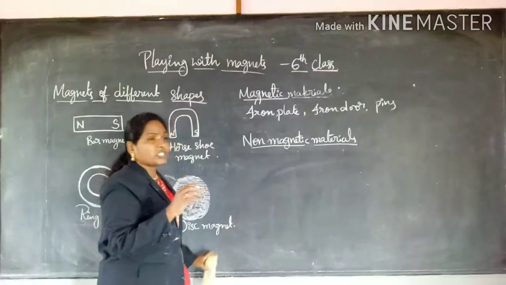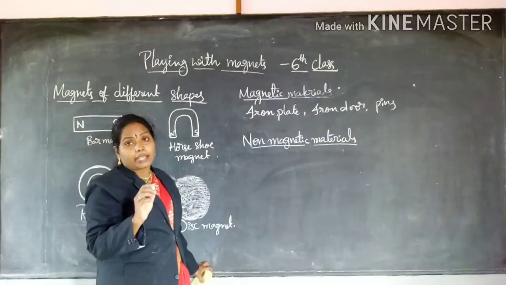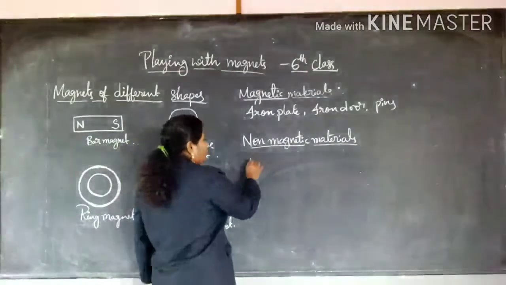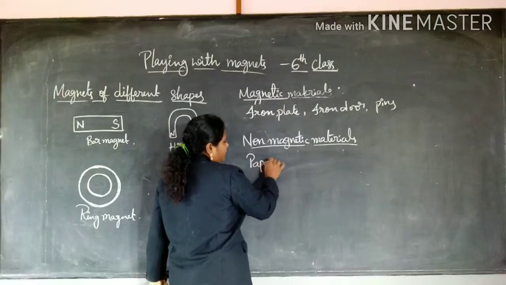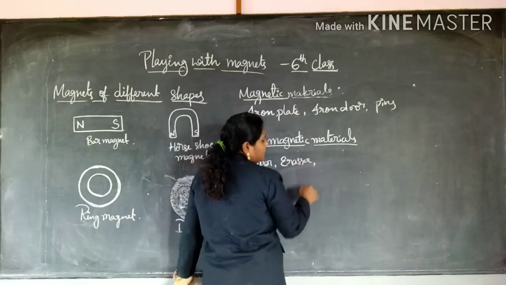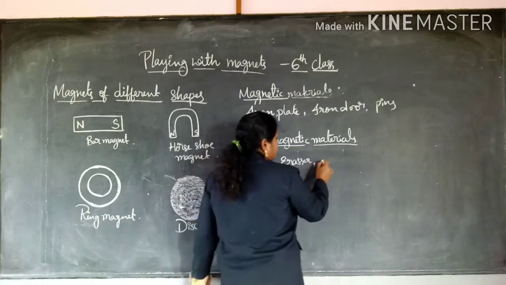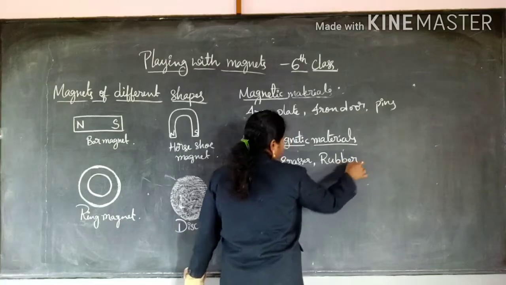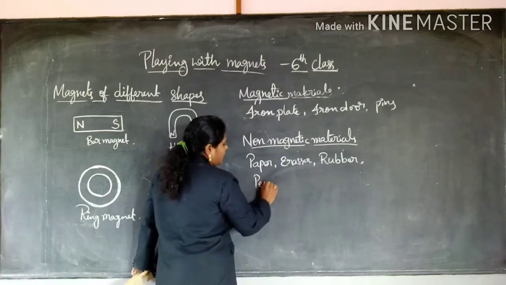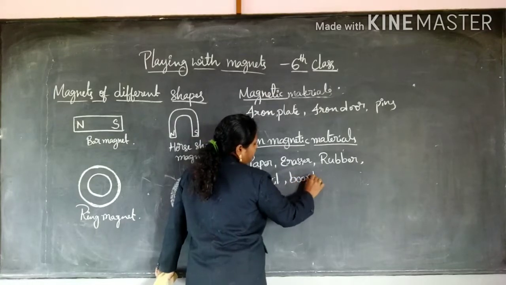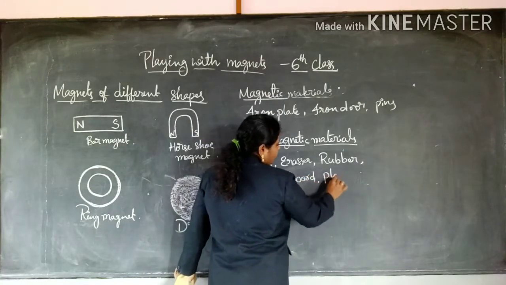Next, non-magnetic materials. The materials which are not attracted by the magnet are called non-magnetic materials. Here, paper, eraser, rubber, pencil, board, plastic chair.